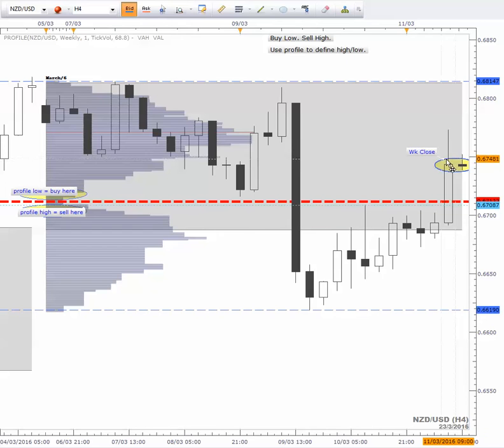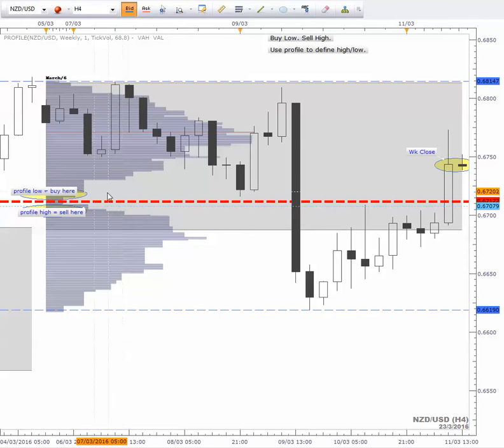At the close of the week, I'm above the red line. Price is above the red line. It closes above the red line. So coming into the new week, I'm looking to be a buyer as close to this red line as possible.